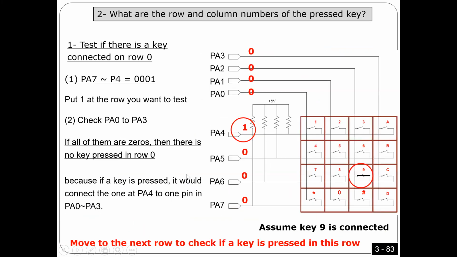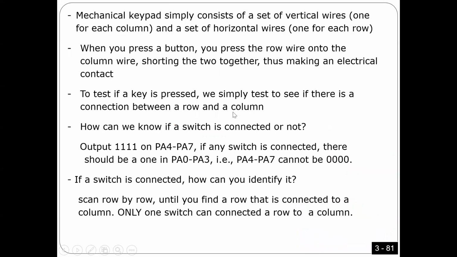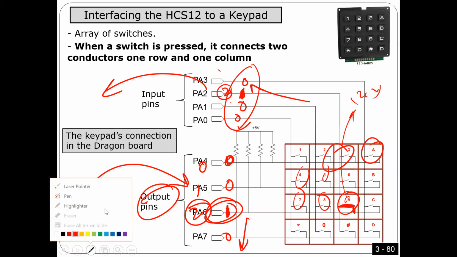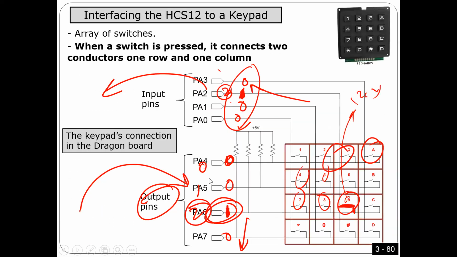So again, the idea is, as you will see right now, I already explained the main idea. I already have four pins here for output, and four for input. The main idea is that when you press any button, you make a short circuit between one row and one column.